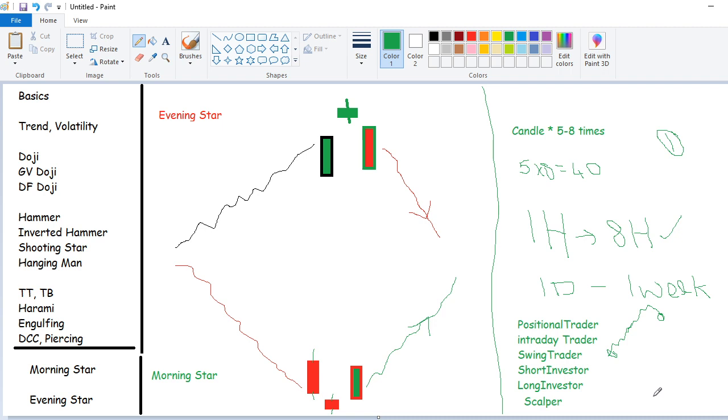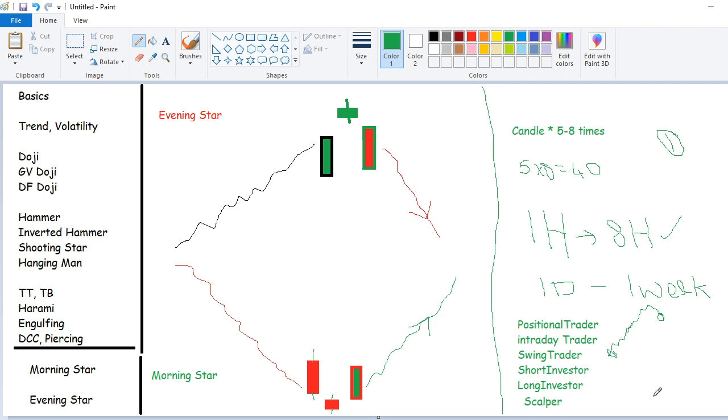If festivals are coming, they may invest in clothing stocks like AB apparel, or else Page Industries, or else auto sector, as there will be more selling in vehicles, those kind of things. So short time investor, they go with a basic different idea. Long term investors, they purely go with the fundamentals. They read different things like qualitative analysis, quantitative analysis, fundamentals, debt ratios, promoter stake, this, that, and all.